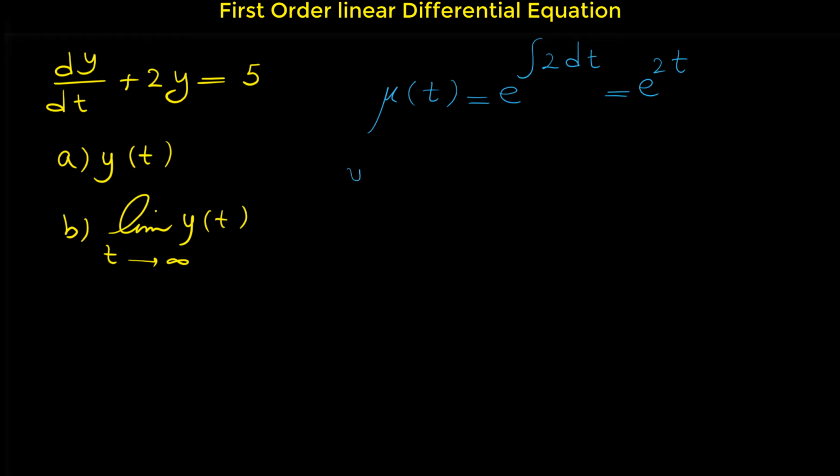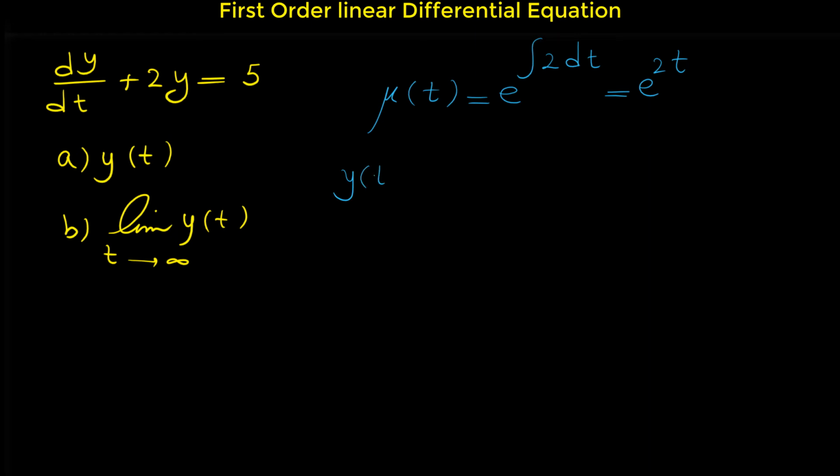Now we can find y, or actually y of t. The reason that here we are writing this t in the bracket is to emphasize that the variable instead of x is t. If you do not like to write it this way, you can simply write y. It's up to you.